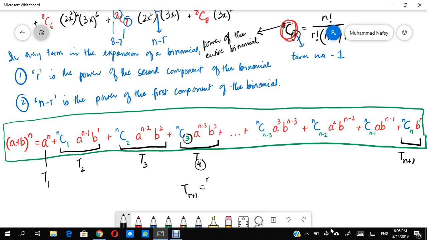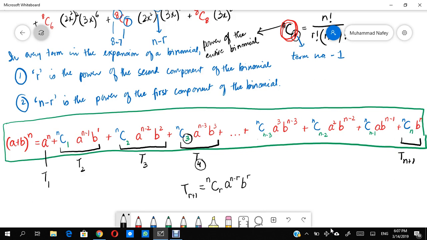Right. So what is term r plus 1? You can see that it's nCr a to the power of n take away r and b to the power of r. Let's discuss this once again. So we are talking about term number r plus 1. So in this term we would have nCr.